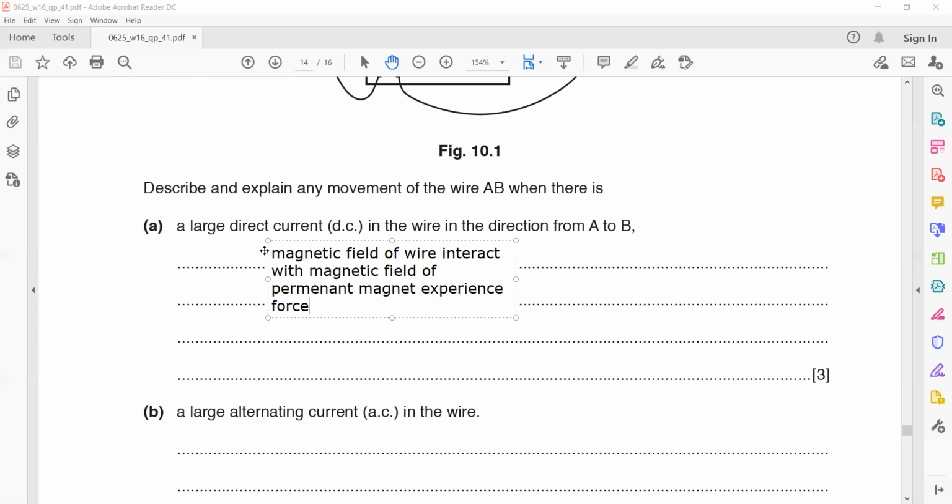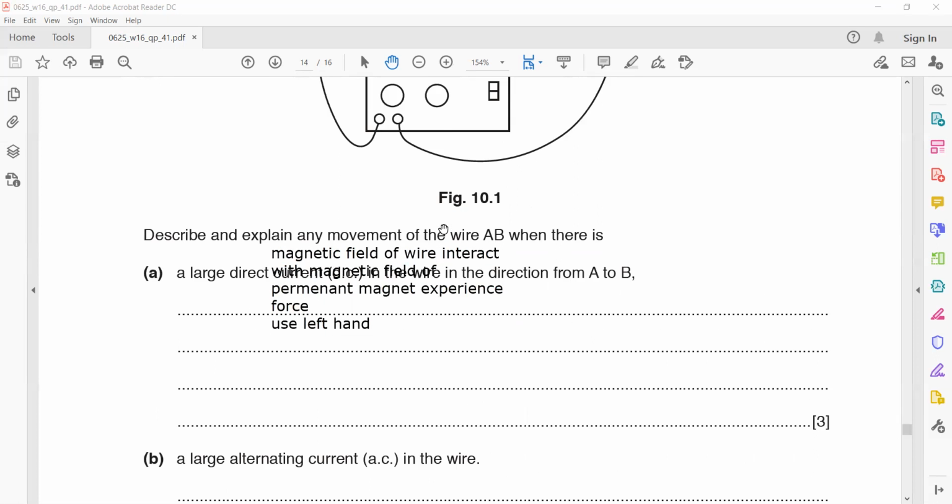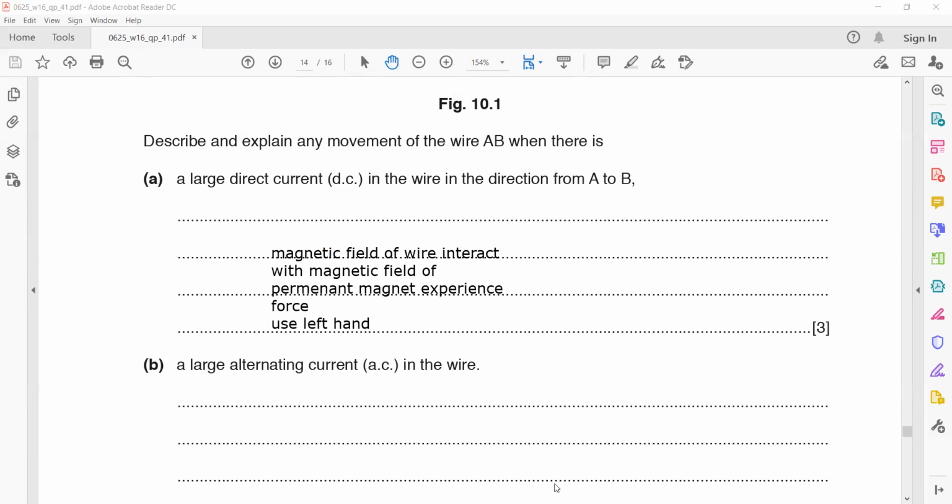And how can we find the force? We can use the left hand rule. According to the left hand rule, the first finger represents the magnetic field, the second finger represents the direction of the current, and the thumb represents the direction of the force. I'll complete this question in the next session.